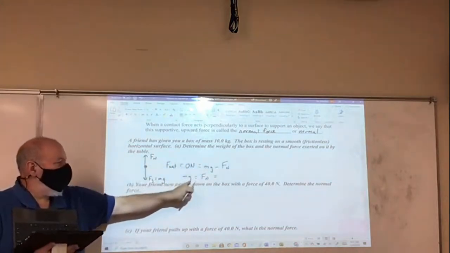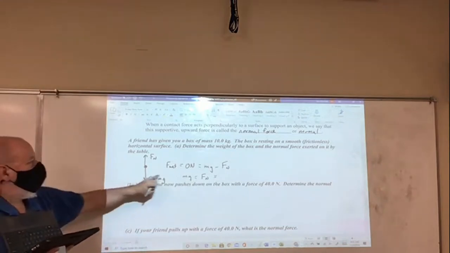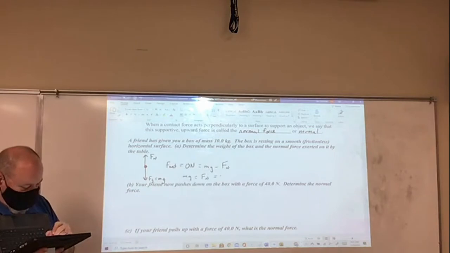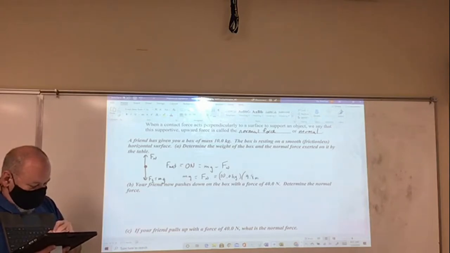So now you've told me that whatever these two things are, they have to be equal to each other. But we have a mass, so we can go ahead and make this calculation, 10.0 kilograms. And what's the acceleration due to gravity? 9.8 meters per second squared.